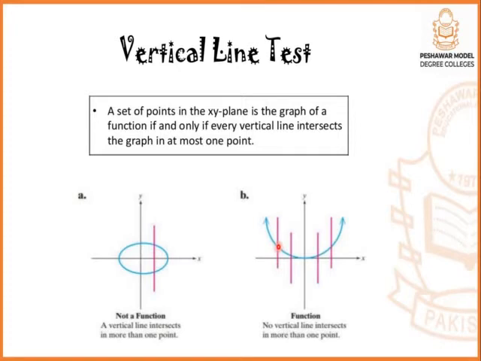If we see this vertical line intersects the graph at only one point, similarly this one and this one are also intersecting the graph at only one point, it means this is the graph of a function. So you can use vertical line test to check whether the graph is a function or not.